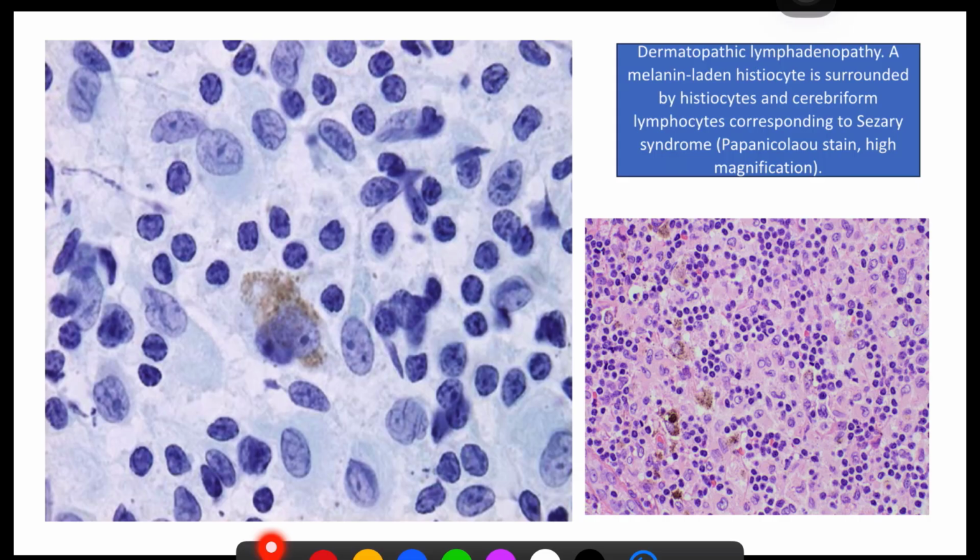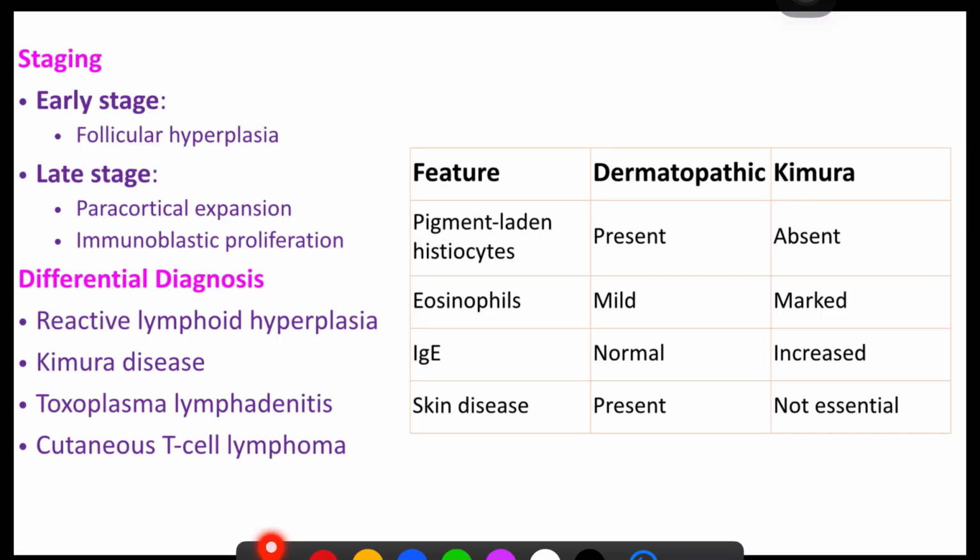Here also you can see in this section multiple melanin-containing histiocytes, which is suggestive of dermatopathic lymphadenopathy. In the early stage, there is follicular hyperplasia, and in the late stage, there is paracortical expansion and immunoblastic proliferation. Differential diagnosis includes all the polymorphous pattern lesions. How to differentiate from Kimura? Here pigmented histiocytes are present, there absent.